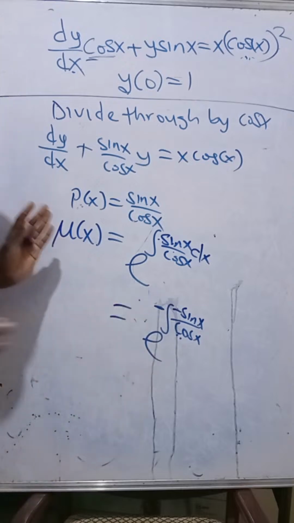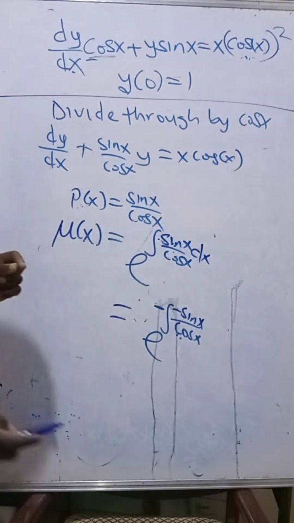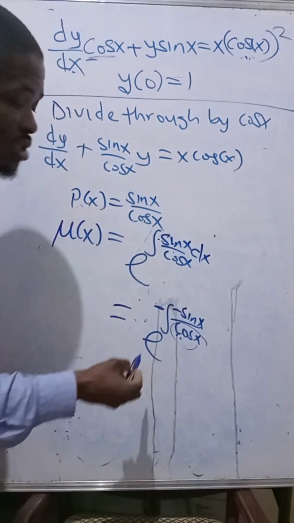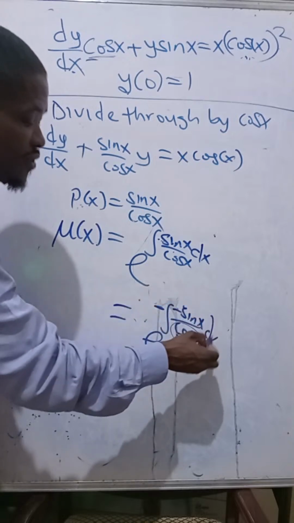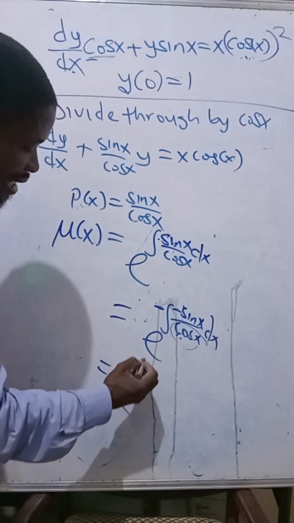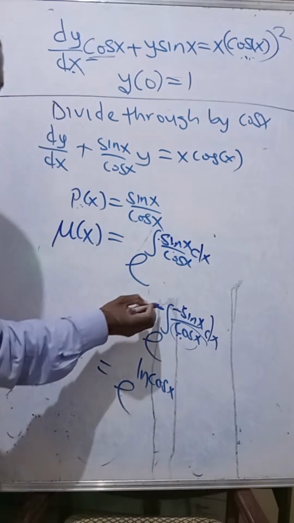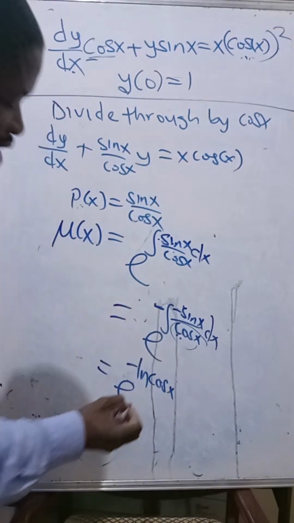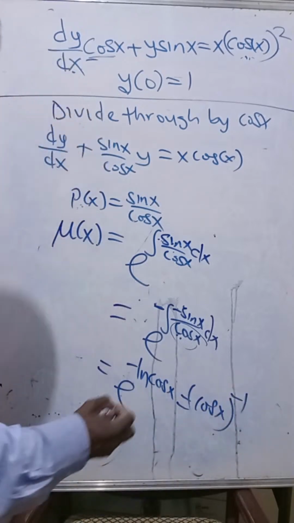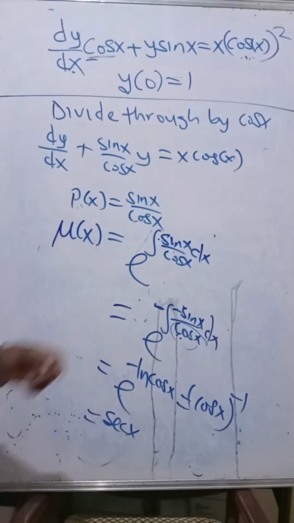Minus times minus is plus. So whenever the derivative of the denominator equals the numerator, it's going to give you ln of the denominator. Don't forget the minus we have here. That will be equal to cos x to the power minus 1, and that will give you 1 over cos x, which is sec x.